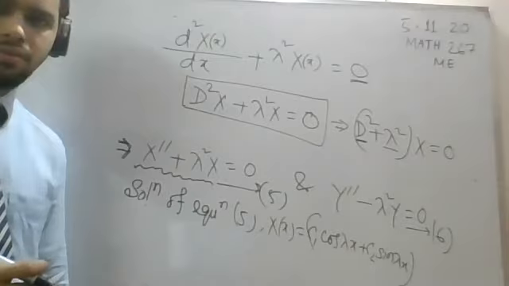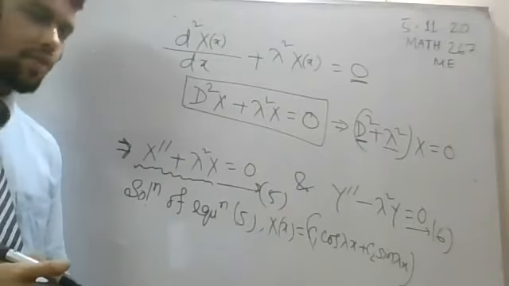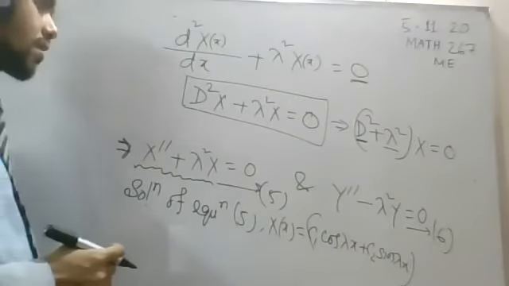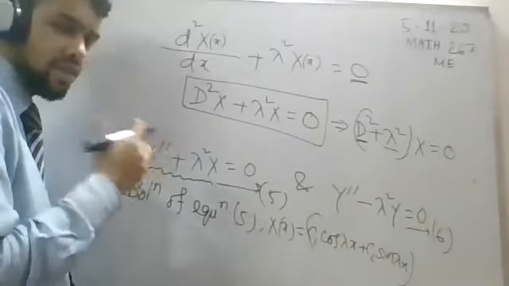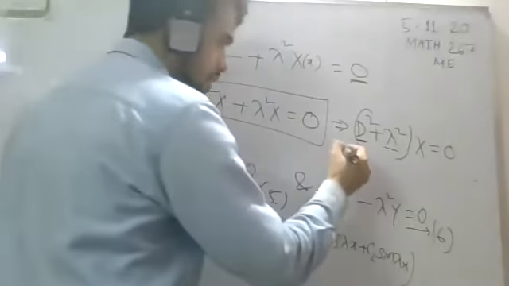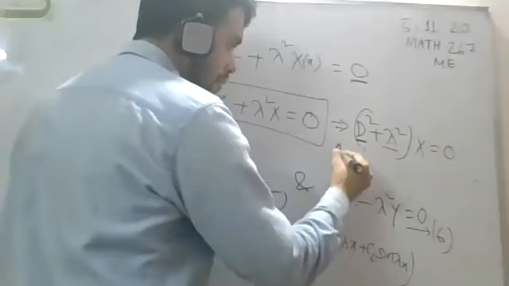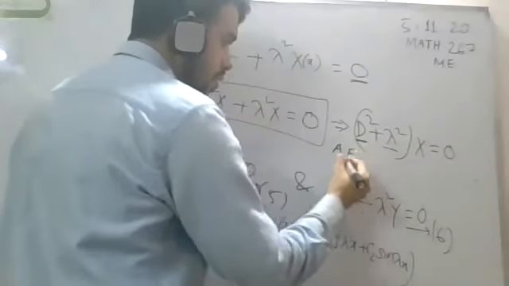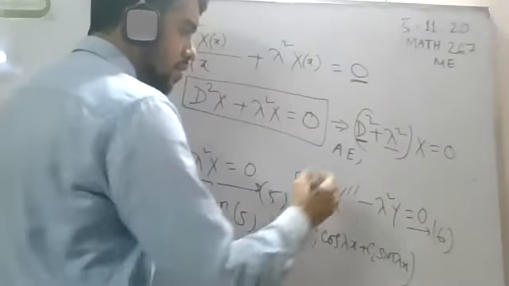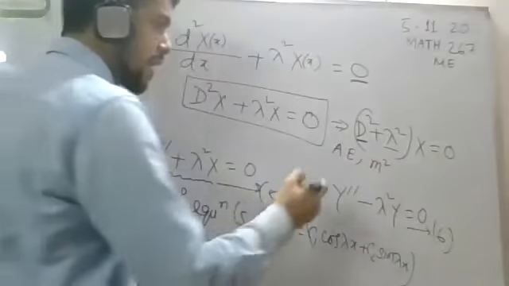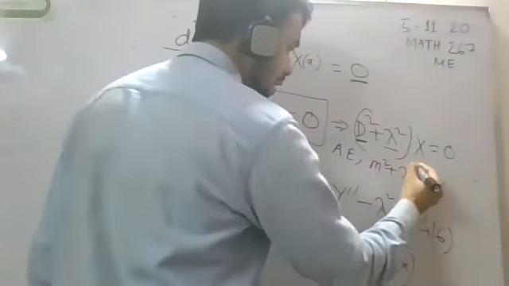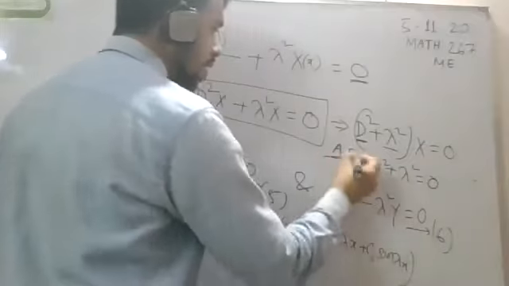Okay, d by dx. So in a shortcut way, you can use m instead of d. So you can replace d by m, and m square plus lambda square equals 0 is the auxiliary equation.